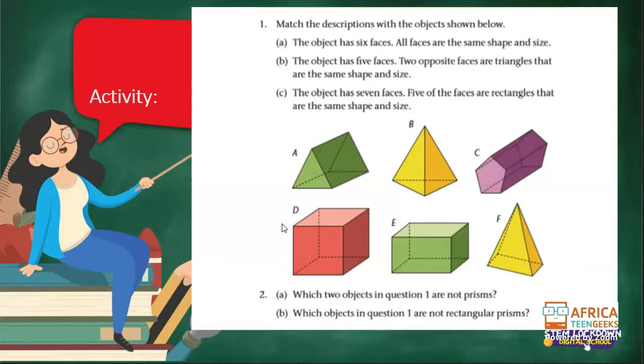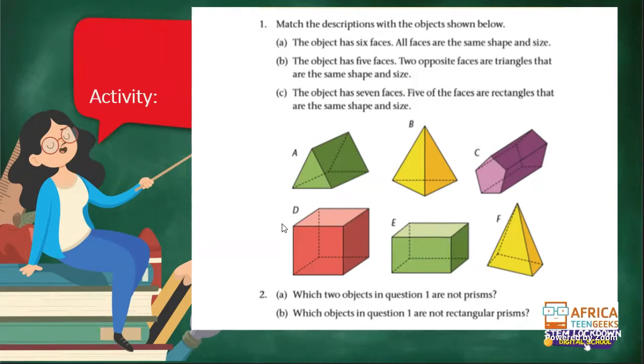Okay, remember we said we are able to name the prisms because of the two ends, right? So we look at the two ends. So for question one, right? Question one already eliminated two objects for us because the question was which two objects in question one are not prisms, and I gave the answer which was B and F. So B and F, they are out, right?